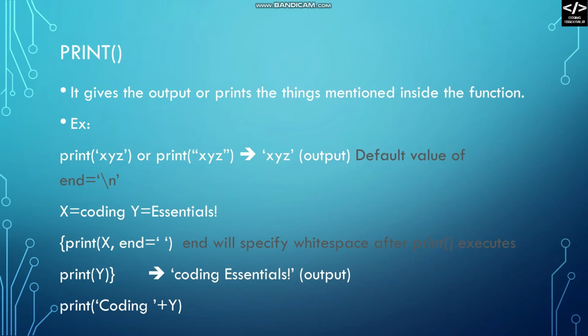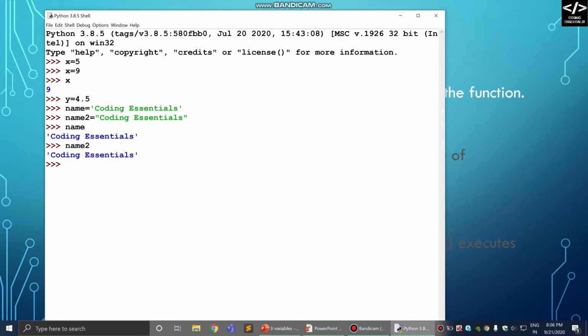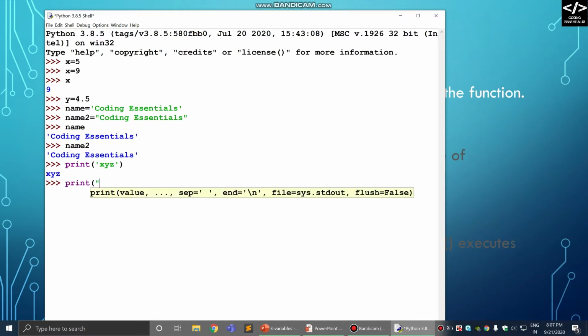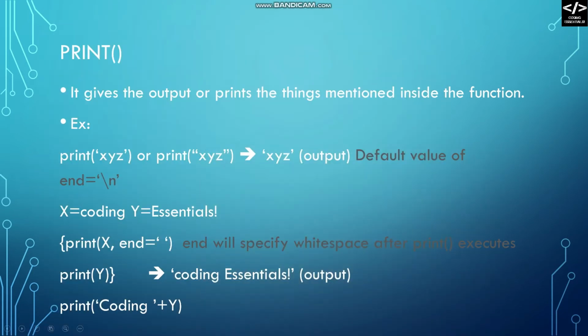Let me show you in the Python shell. Print 'xyz', enter. As you can see, it will print xyz. Then print "xyz". So both the outputs are one and the same.